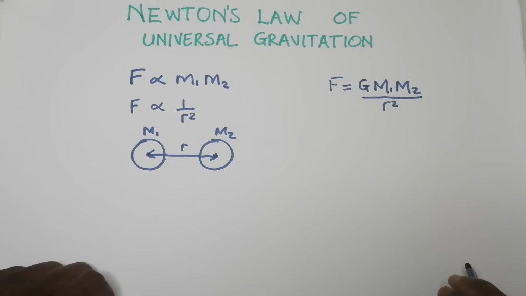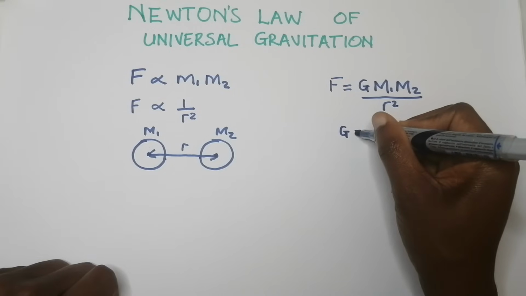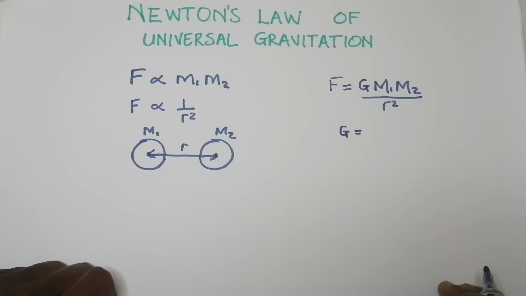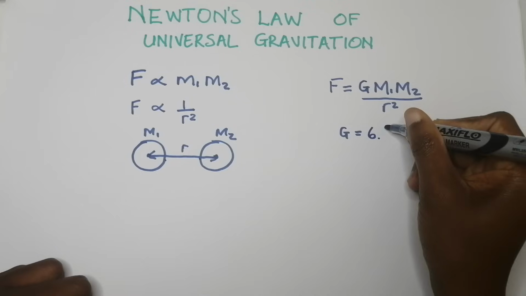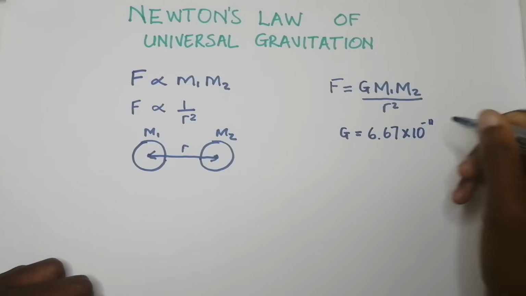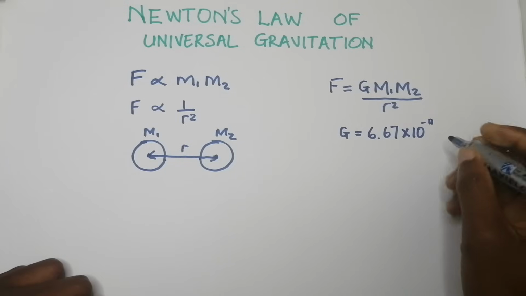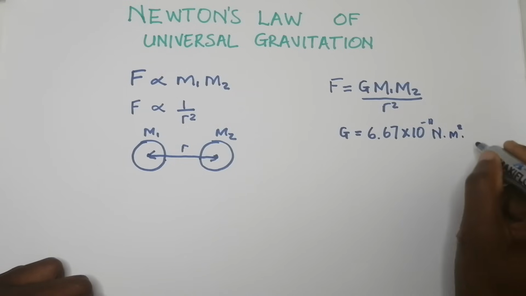In this case, we are usually given G. Whatever exam you may be writing, remember that you are always given that value of G. And the value of G is 6.67 times 10 to the minus 11, measured in Newton meter squared per kilogram squared.